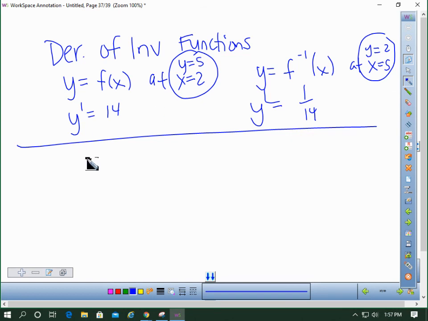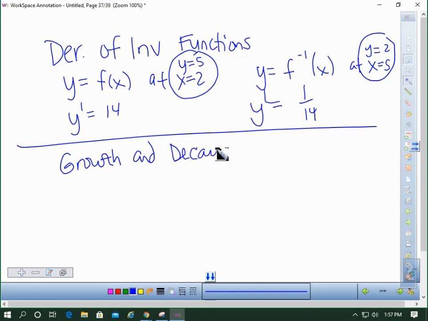Okay, and then the last thing I wanted to refresh your memory about was growth and decay, because that's mentioned in that table. Growth and decay are problems where we have y prime equals ky.